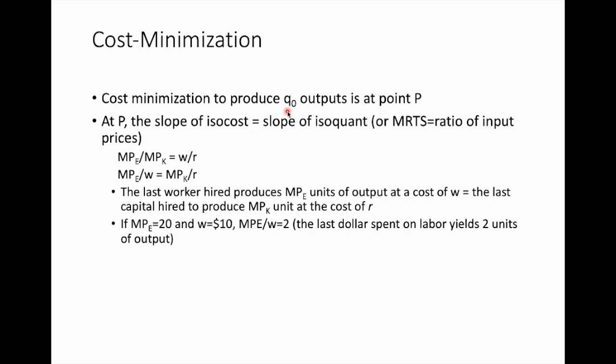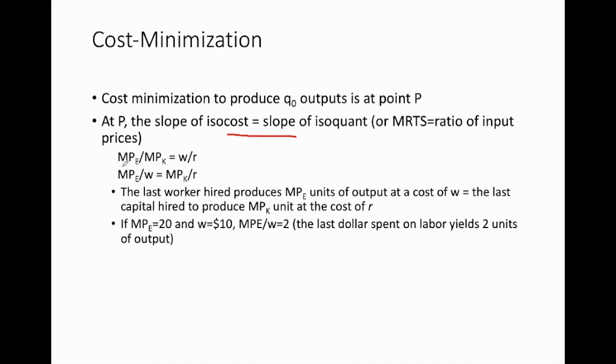We have identified earlier that the cost minimization to produce Q0 amount of output is given by point P. At point P, we find that the slope of the isocost is equal to the slope of the isoquant. If we recall, the slope of the isocost is the input price ratio, W over R.